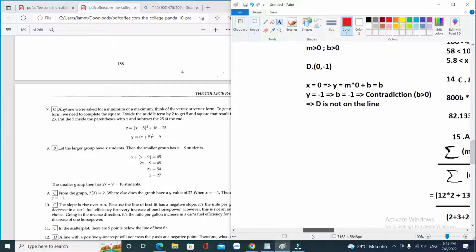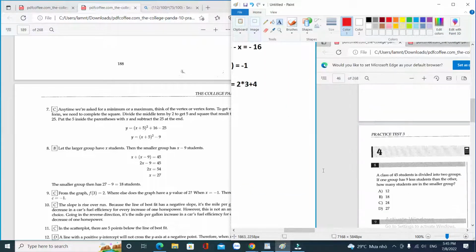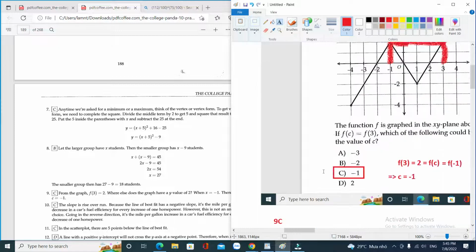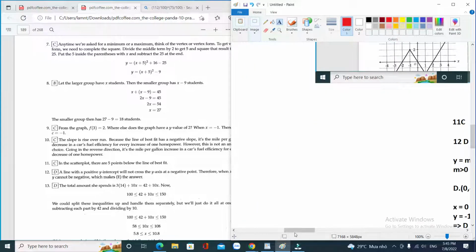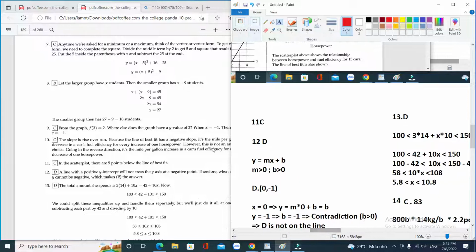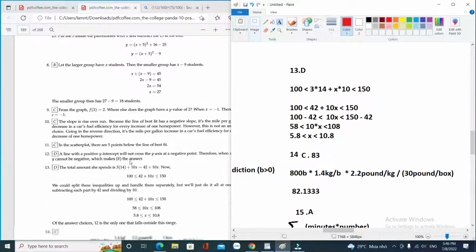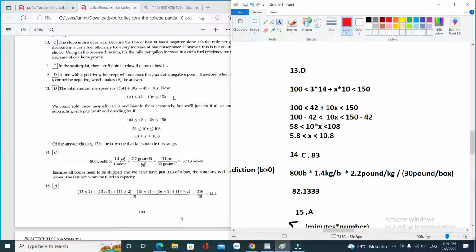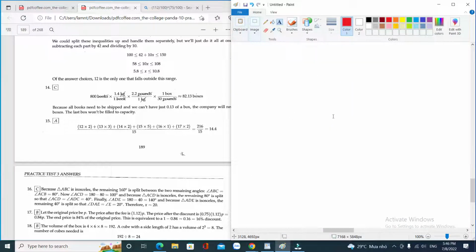Okay, so let's check number 9. 9 is C and 10 is C. So all correct. So 11 is C. Okay, so 12 is D, and 13 is also D. And 14 is C. Okay, so 15 is A. Okay, where's 16?